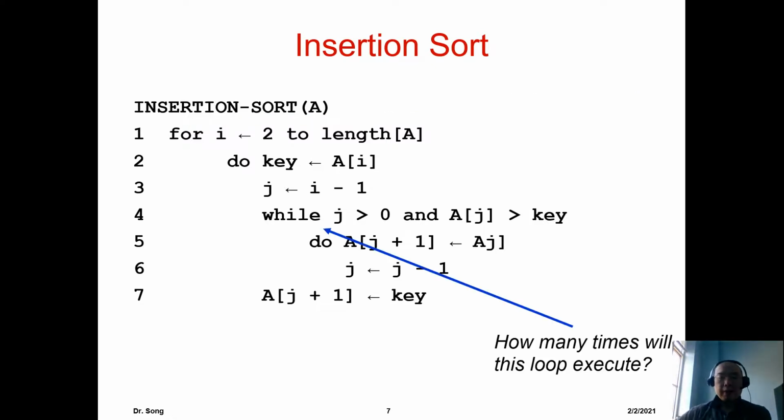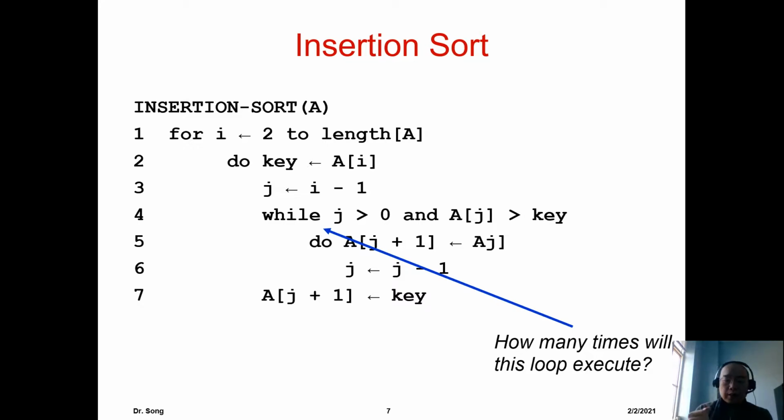Okay, let's check this one. How many times will this loop execute? That's a hard question. Remember, for the inner loop, from line 4 to line 6, we want to shift the values from one side to the other so that we make the right place to insert the new value. In the best case, we just do one check and don't do any value shifting.